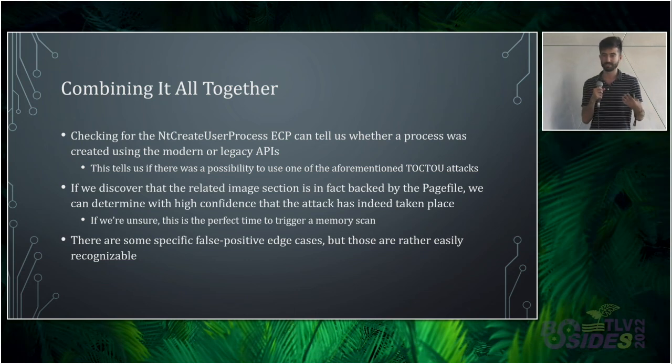Because if you can't forge this information from user mode, and you have any other way to pull the memory rug from under the process and do something weird to the file, the memory manager will know, because it has to know, so you don't get a blue screen. So together, we now have a super stable, 100% true positive detection that really can't be bypassed by user mode.